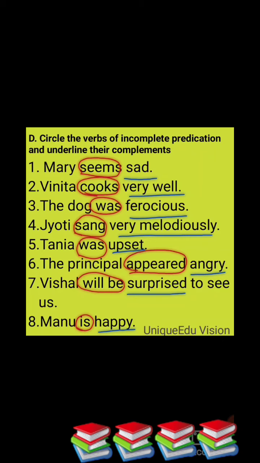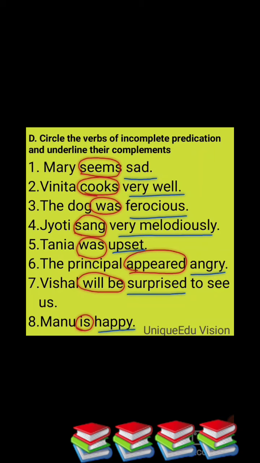In the same way, the dog was ferocious. Was is circled. Ferocious is underlined. Jyoti sang very melodiously. Sang is circled. Very melodiously is underlined. Tanya was upset. Was is your verb with incomplete predication, so circle. Upset is the complement.